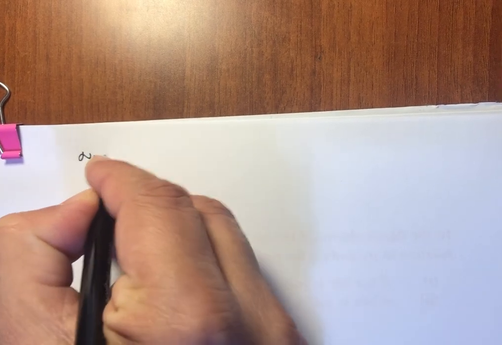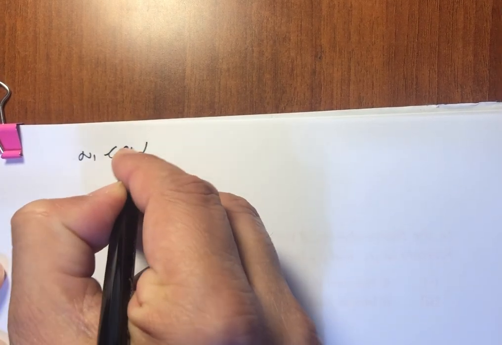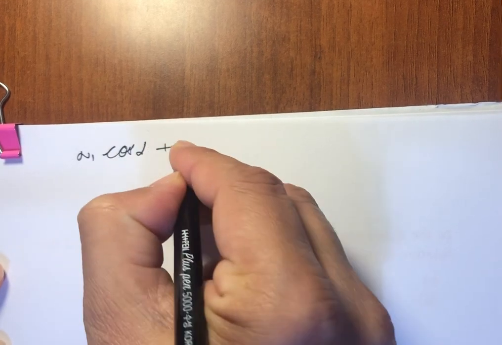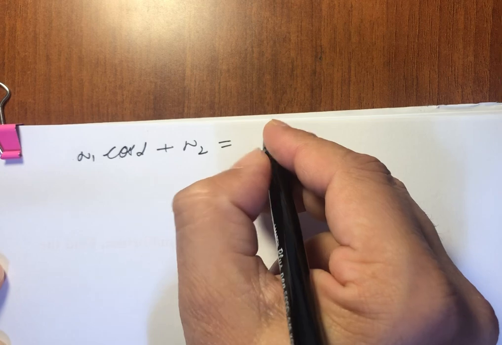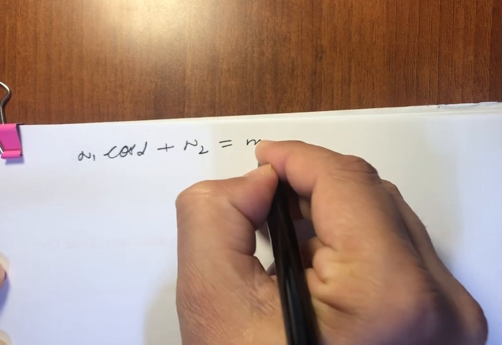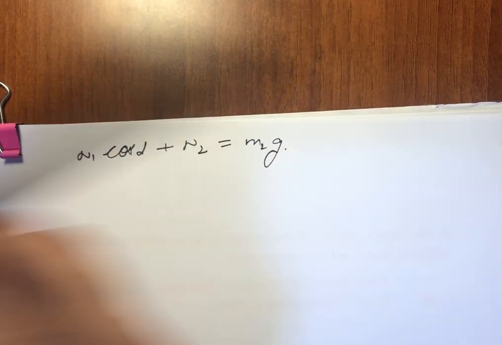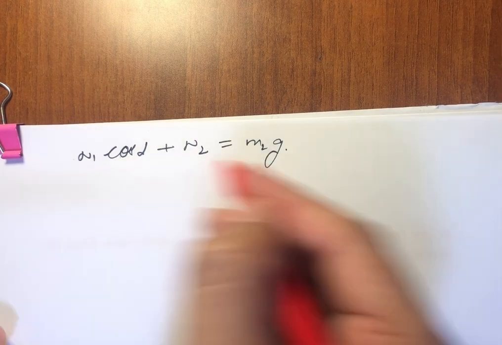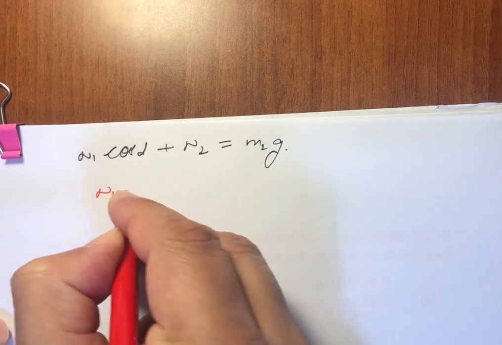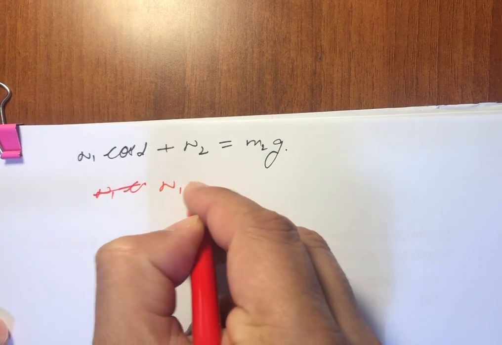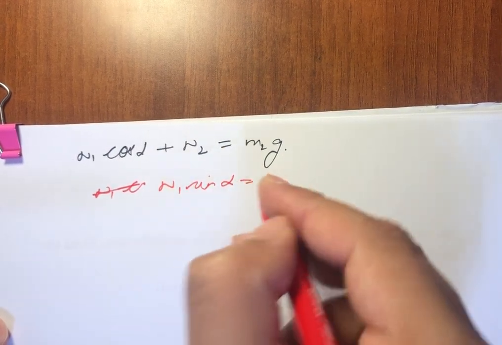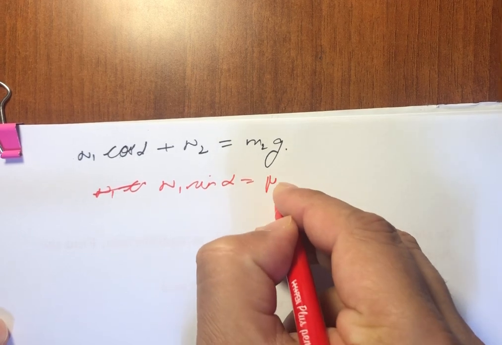As it is in equilibrium, we can say our n1 cos alpha plus n2 will be equal to, there is a downward force m2g, and second we are going to have our n1 sin alpha will be equal to mu2 times n2.